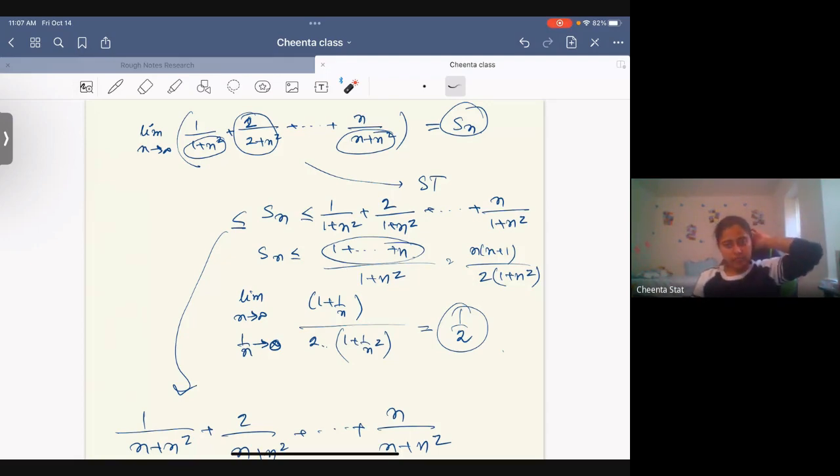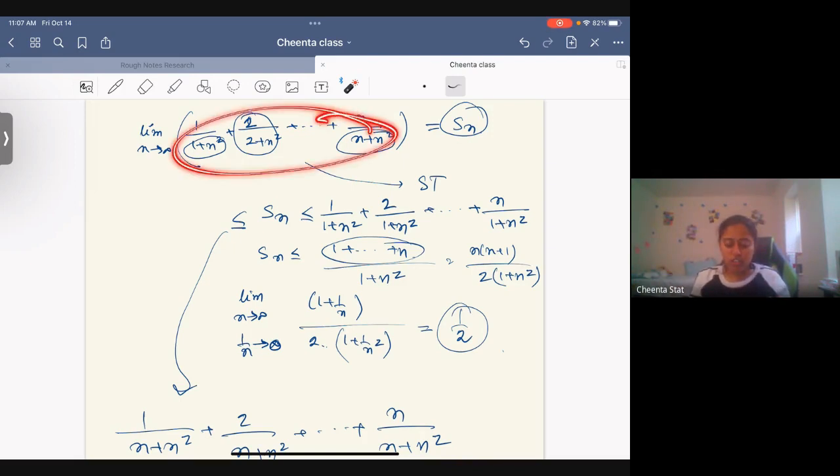So for making one series on our own which is greater than this Sn, we need to find something bigger, and this is in terms of numerator and denominator. If we can make the denominator smaller, then our entire series will be big.